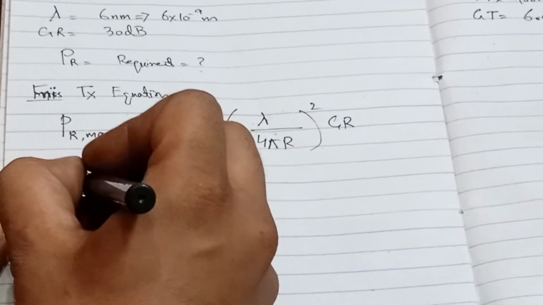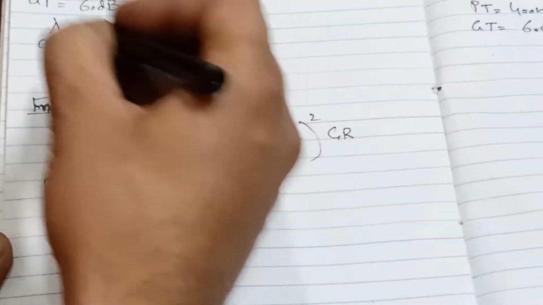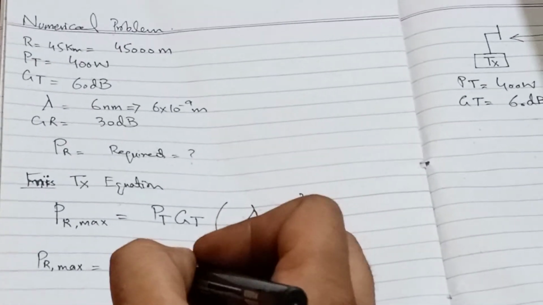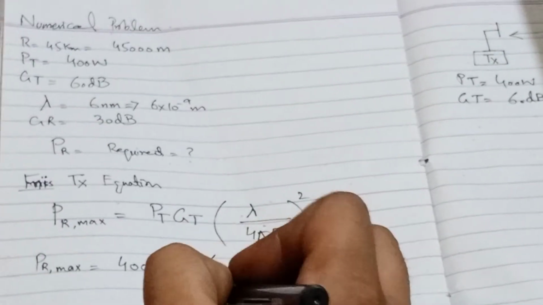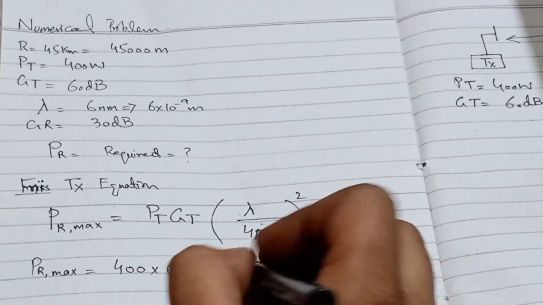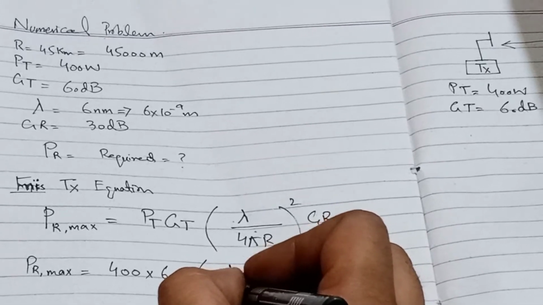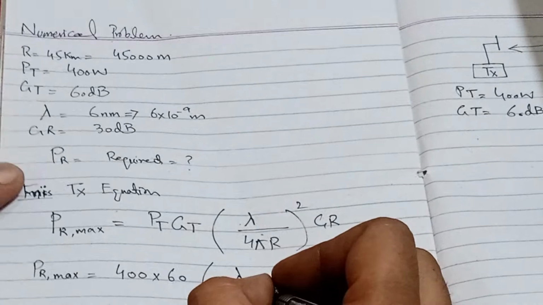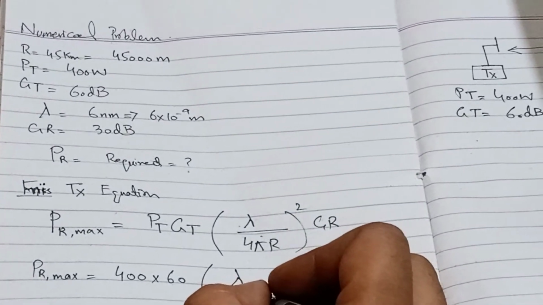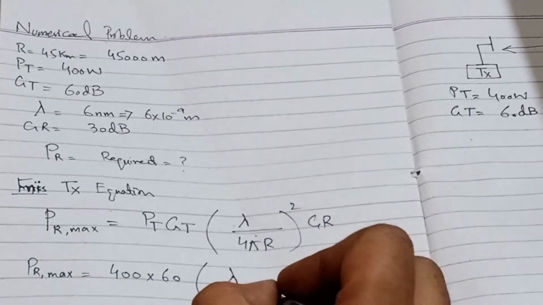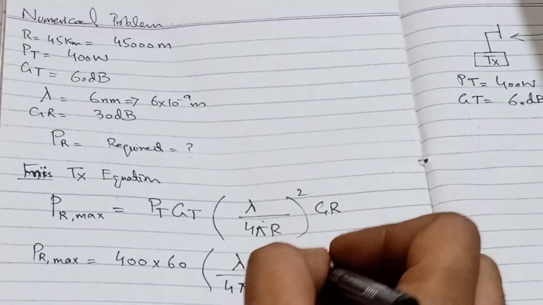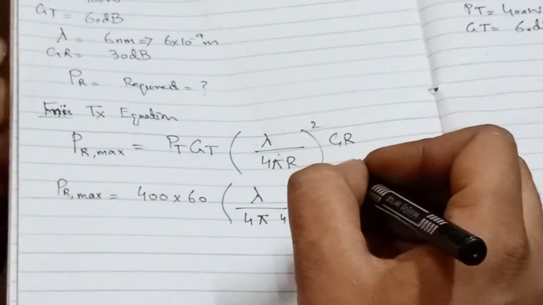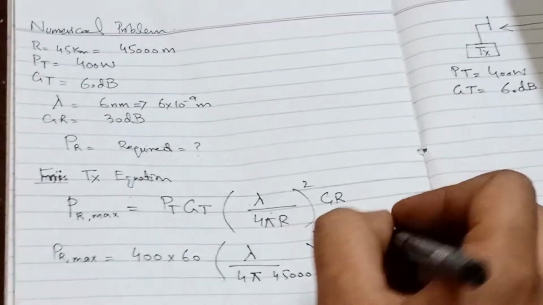PR max is equal to PT, 400 watt, you put here. GT is 60 dB. Then comes lambda divided by 4 pi, and R will come here. In our case, R is 45 kilometers, so it's 45000 meters if you convert it, right? Kilometers to meters. And this is whole square, and GR is 30 dB.